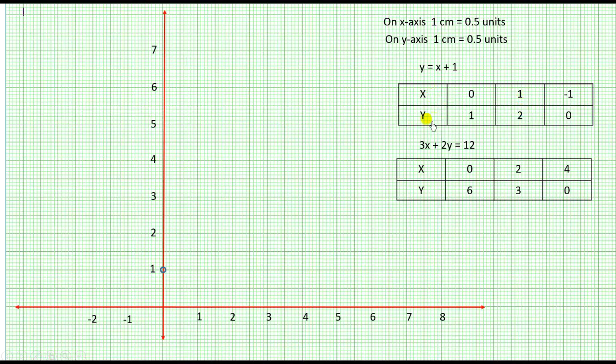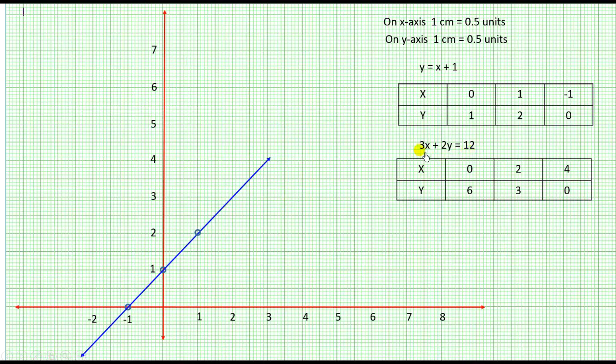So x is 1, y is 2, and the point will be plotted here. Then the third set is minus 1, 0. So x is minus 1 and y is 0, and the point will be plotted here. Now draw a line passing through these 3 points, and that line will be like this.